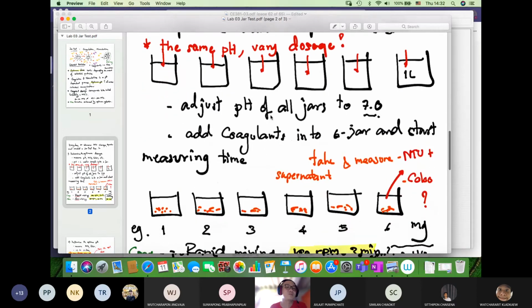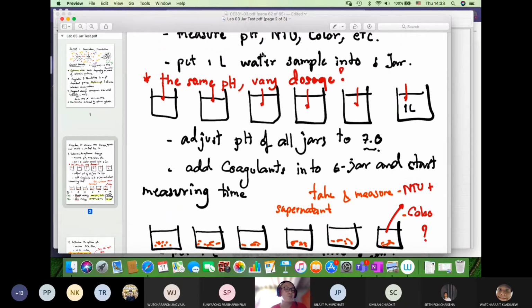If the pH is already the same and already in the neutral range, you don't have to adjust the pH, because natural water normally contains the same pH if you collect the water samples from the same site.